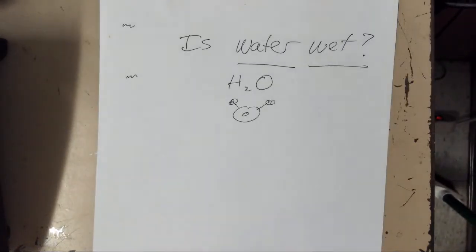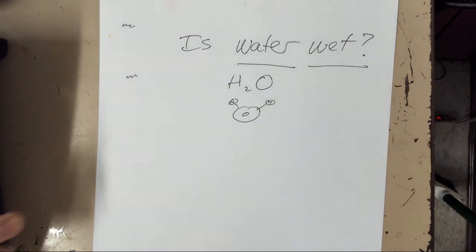Well, according to the dictionary, if you type in define wet onto Google, you end up with covered or saturated with water or another liquid, or you have to cover or touch with a liquid to moisten. So the first one's an adjective, the next one's a verb, and then you have a noun that's liquid that makes something damp. So I'm just going to go with the first one.